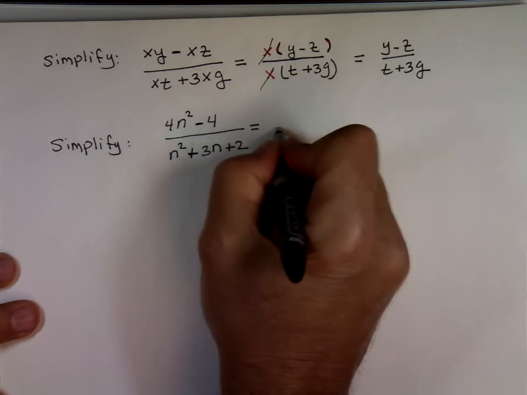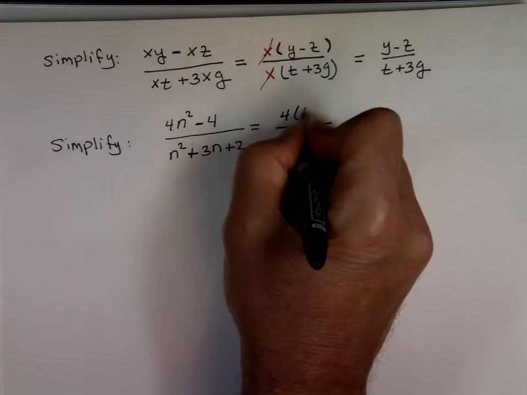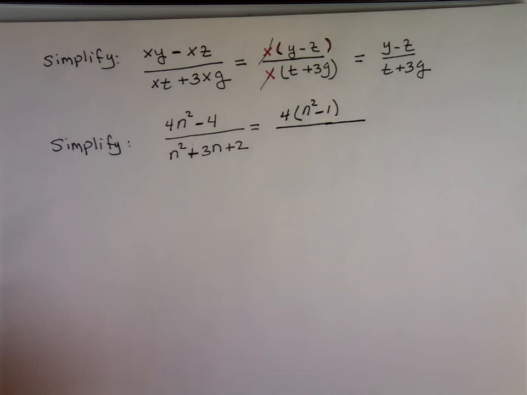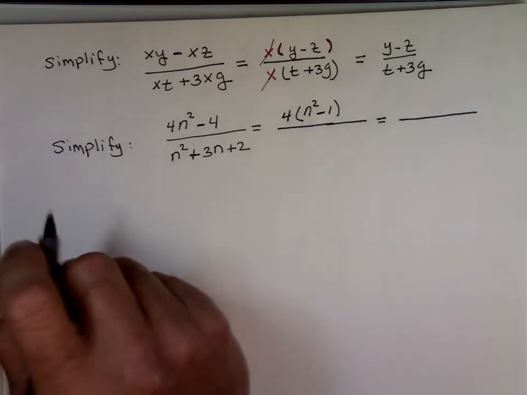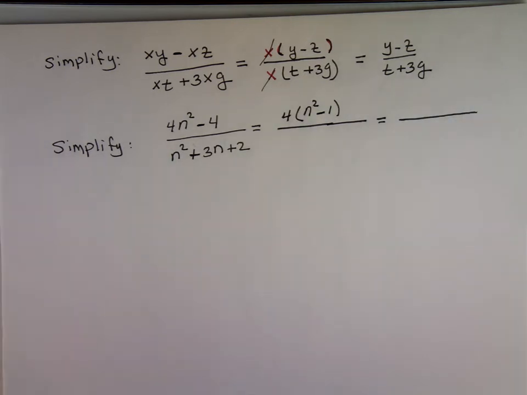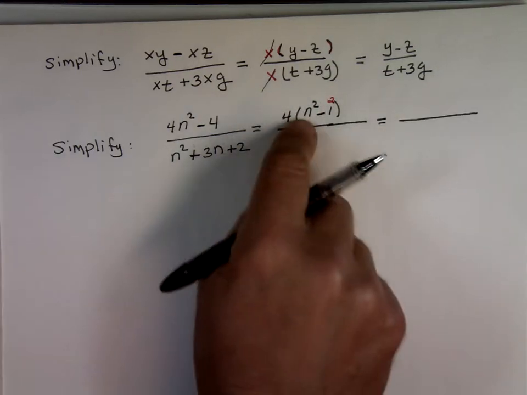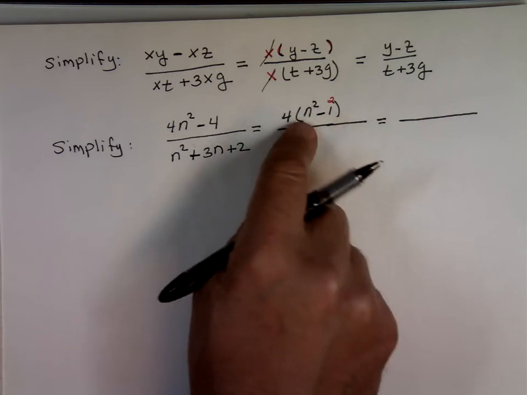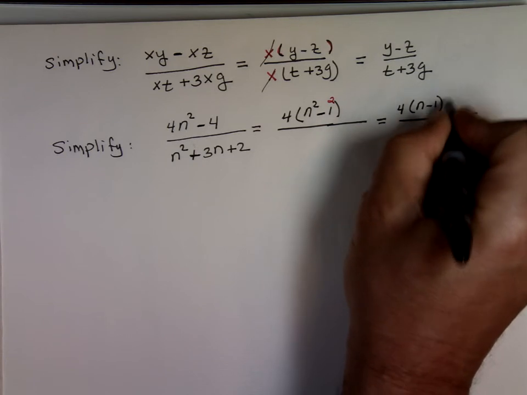Take a 4 out, and what's left? N squared minus the 1. Am I done factoring? No. The 1 is actually like a wild card. You can write the 1 as 1 squared. What is 1 squared? Still a 1. But the reason I wanted to write it like this, now I can use that special method, the difference of two squares. This will be 4 n minus 1 n plus 1.